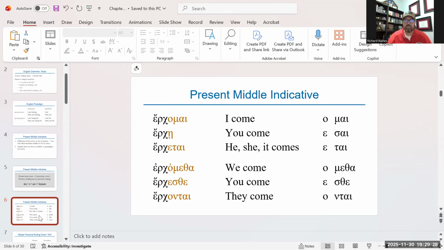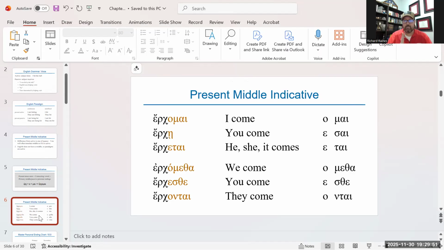Same thing with present active indicative. If you put PAI, I know that's present active indicative. So if I ask you to parse erchometha, then you're going to put PM/PI, first person plural. You can just do one P, right? Make it easy on yourself.